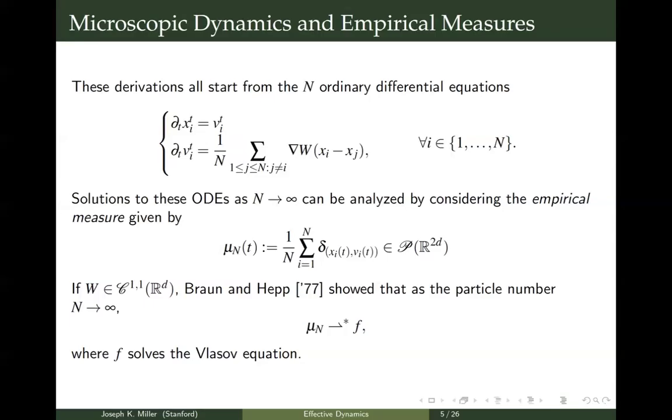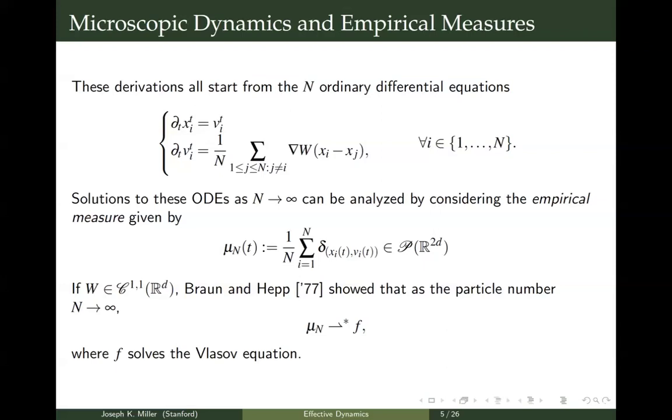What you can do is you can look at this thing called the empirical measure. So at each time t, I form this measure mu_n by just averaging the Dirac centered at each of these points, x_i and v_i, and look at its evolution in time. So you can imagine I have a bunch of points, and I just put a Dirac on each one and then consider that measure. As n goes to infinity, this should still be a reasonable theory for any n.